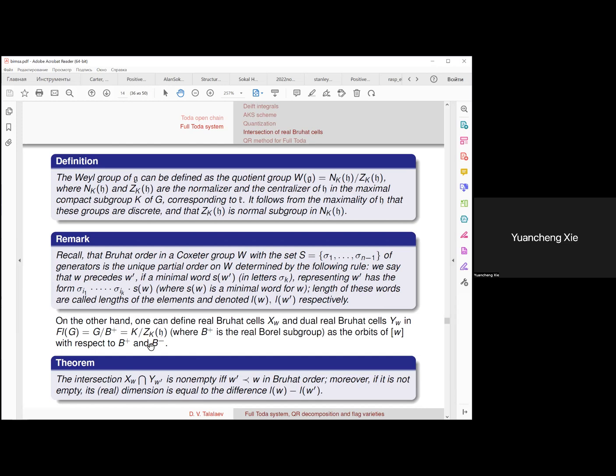What you just described is basically like a Morse-Bott function. So can you use this to calculate the real cohomology of a flag variety? I never actually tried to do this, to be sure, but I think yes, it is Morse-Bott. It's even Morse, I think, in the case of the split.